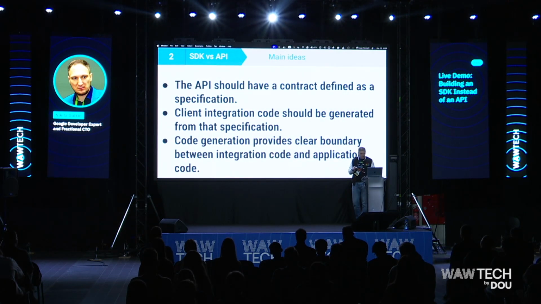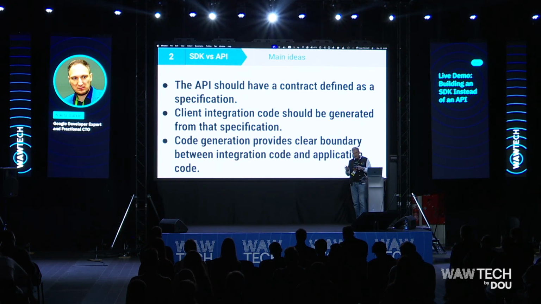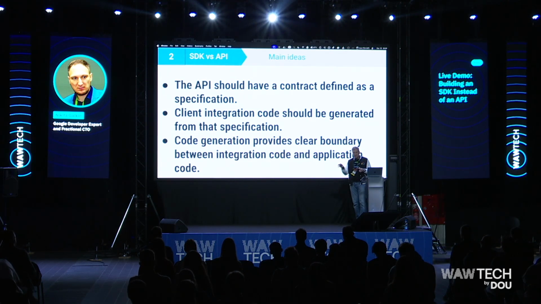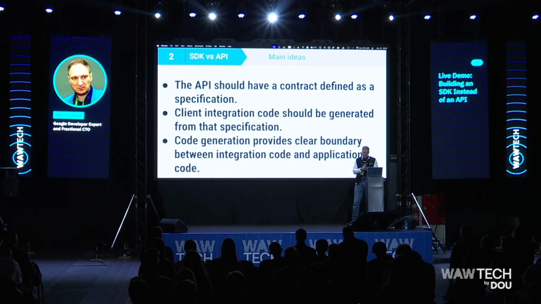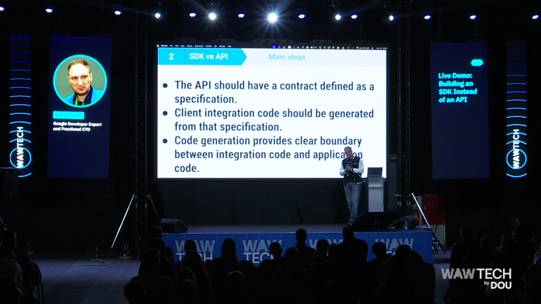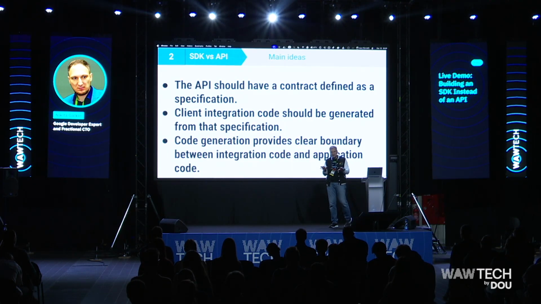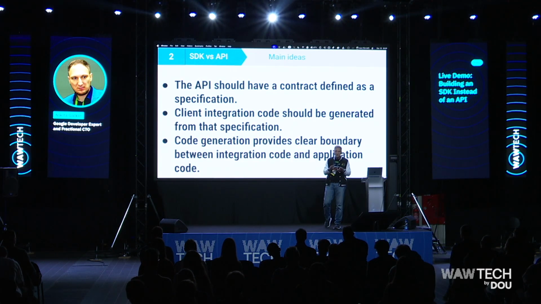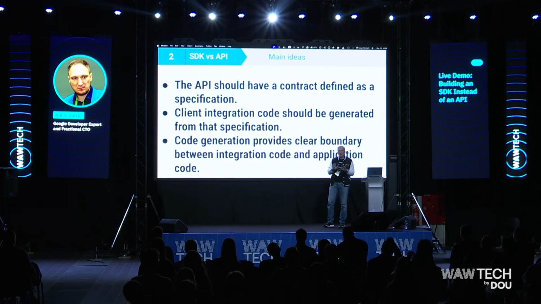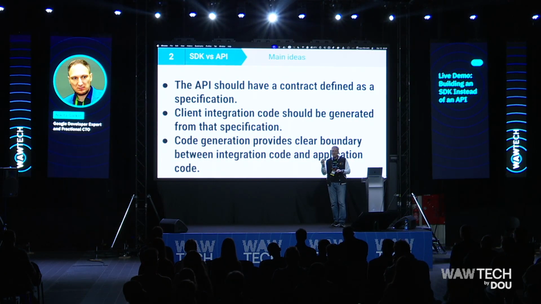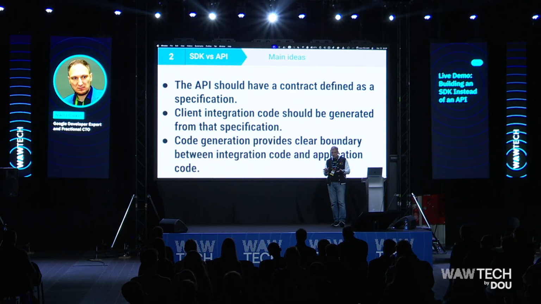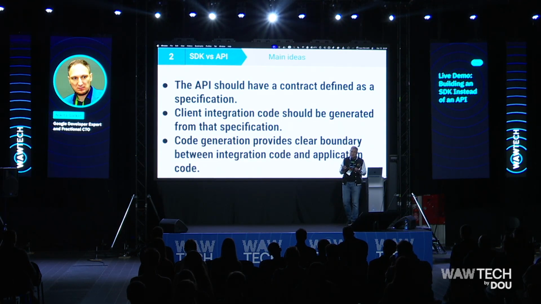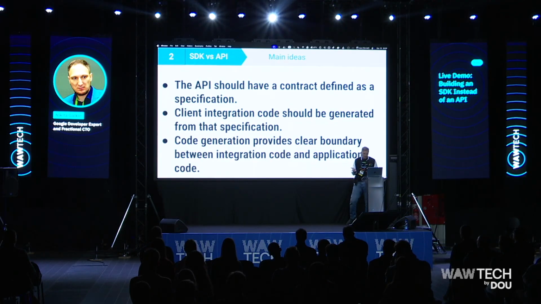So what are the main ideas in this part of the slides? An API should have a contract defined as a specification. If your API doesn't have this contract, you're not able to generate, and you're not able to validate whether this API works as we discussed or not. We cannot check whether we create a breaking change or not.